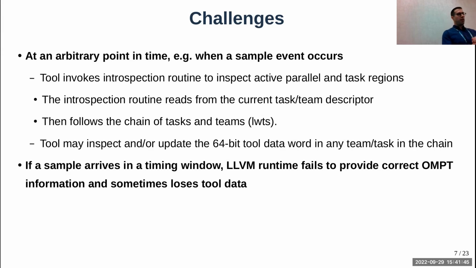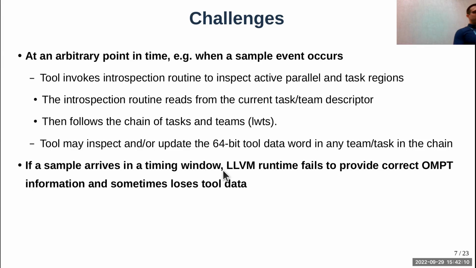And for higher ancestral levels, it follows up the chain of team and task descriptors in the case of a regular parallel region. For a serialized parallel region, we read information from the LWT list. Besides inspecting information about the regions, a tool can also update information in a 64-bit tool data.